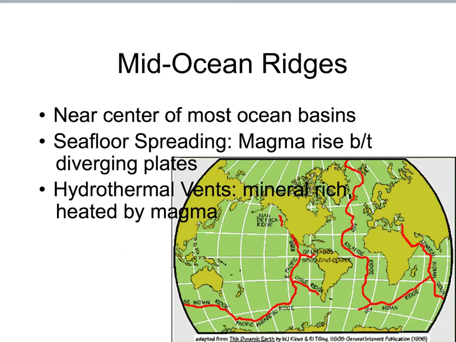These locations are also typically where we would find hydrothermal vents, which are areas where mineral-rich water gets pulled into the crust, heated by the magma, and then comes back out at very high temperatures. You should be able to draw in the mid-Atlantic ridge here on a map for your test.